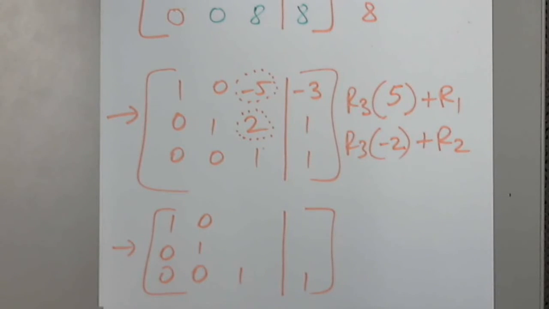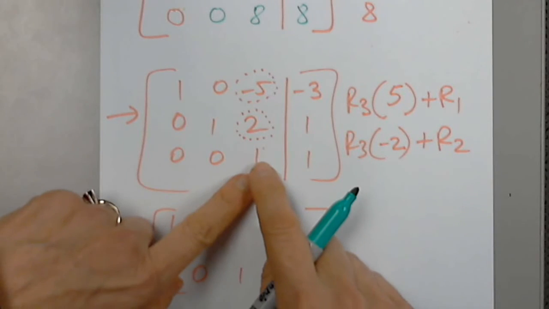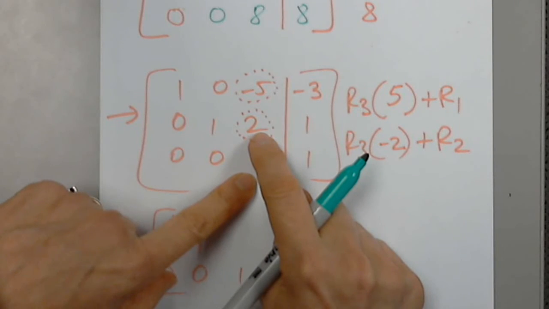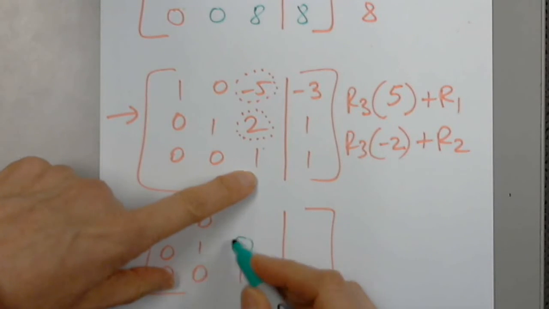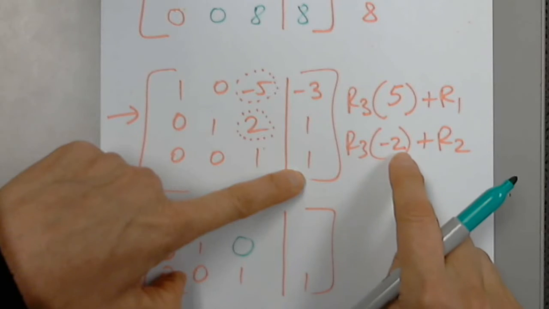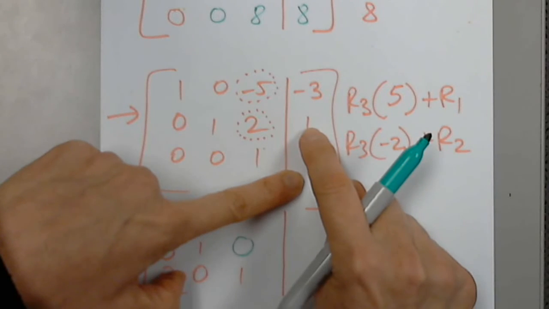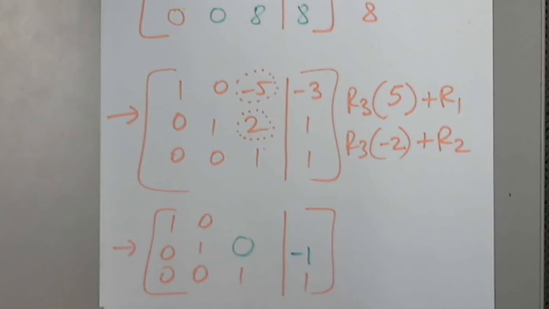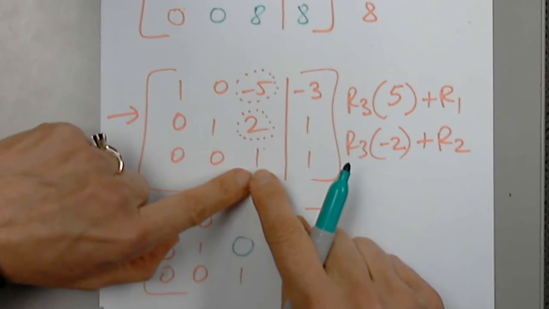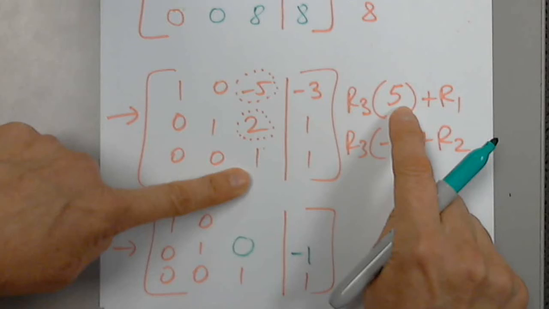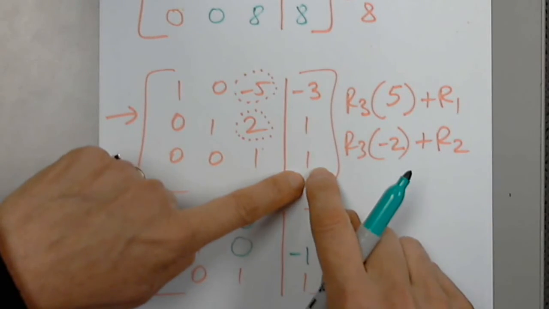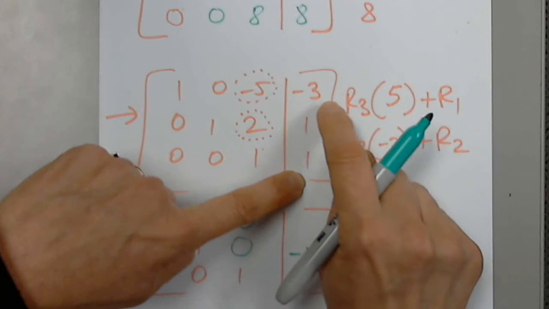Nothing will change those 2 columns ever again. Ready? 1 times negative 2 plus 2. 1 times negative 2 plus 1. Done. Very good. Awesome. 1 times 5 minus 5. 1 times 5 minus 3.